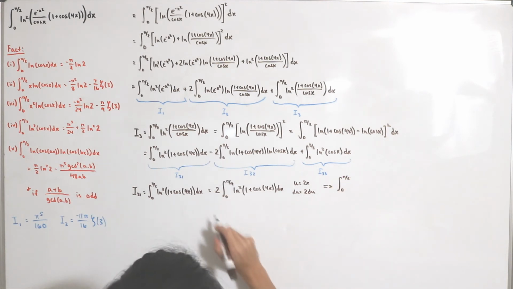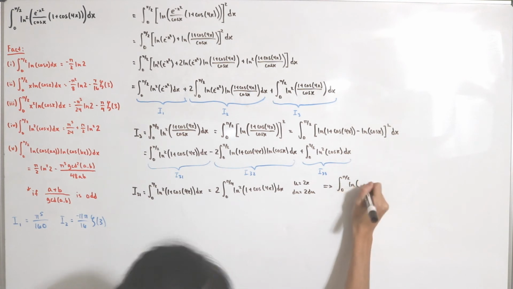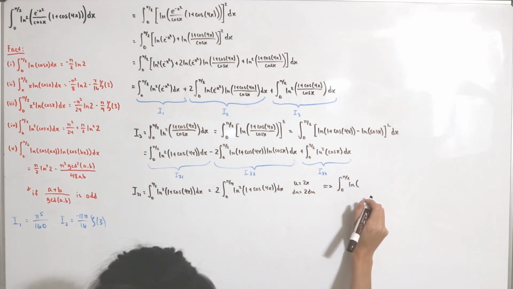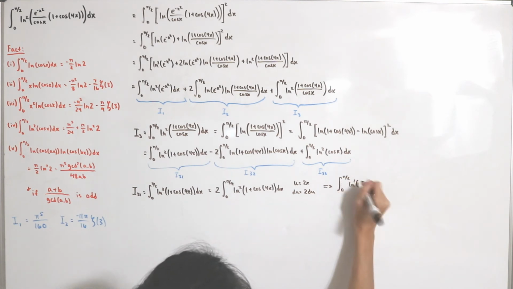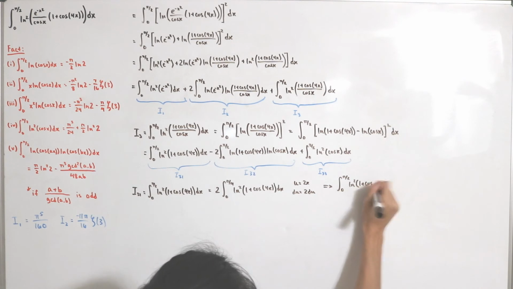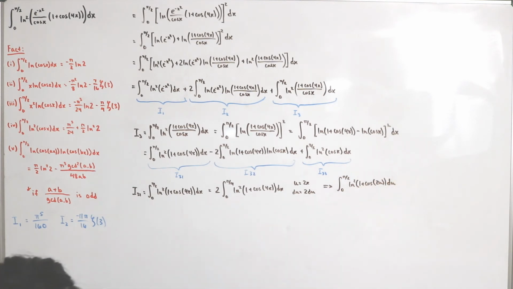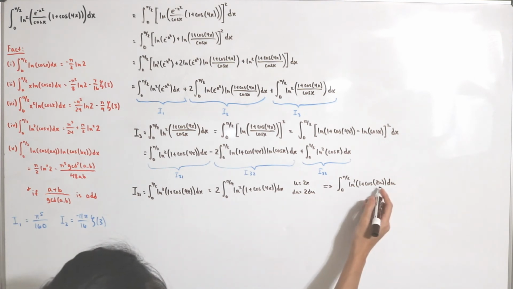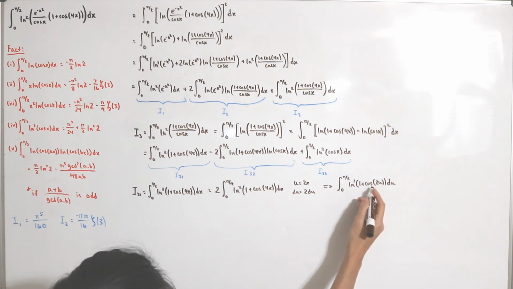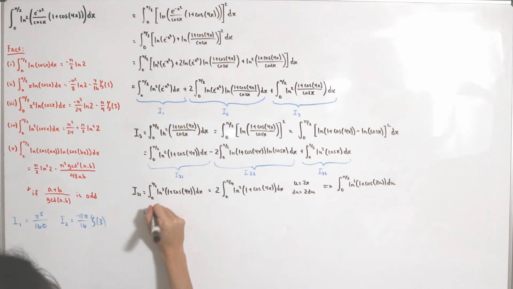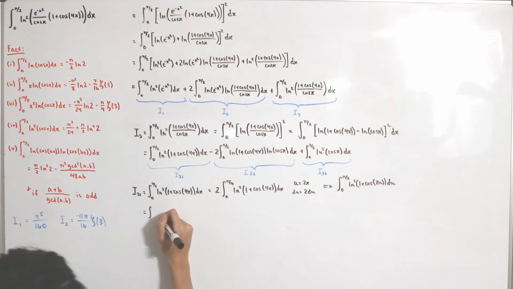Then we have ln square of 1 plus cosine of 2u du. Okay, and then again we can use our trig identities to replace our 1 plus cosine 2u with 2 times cosine square u.